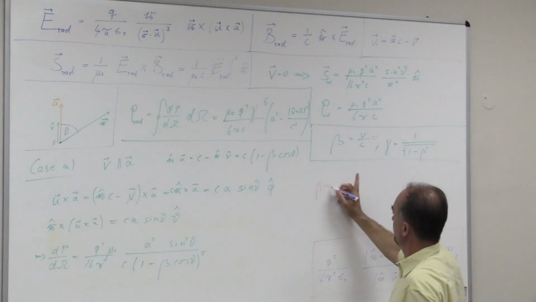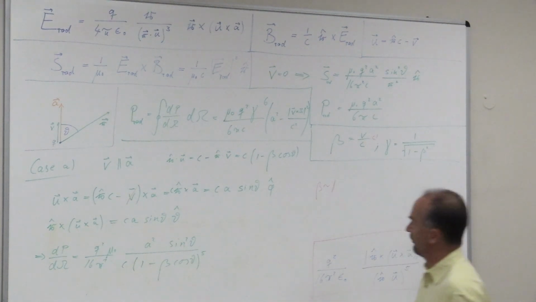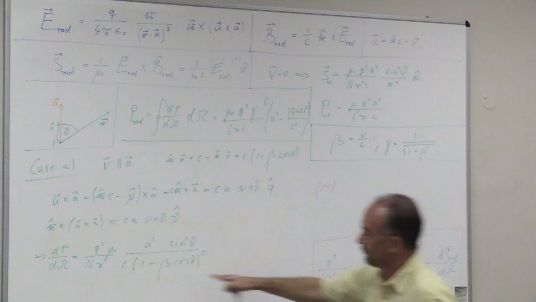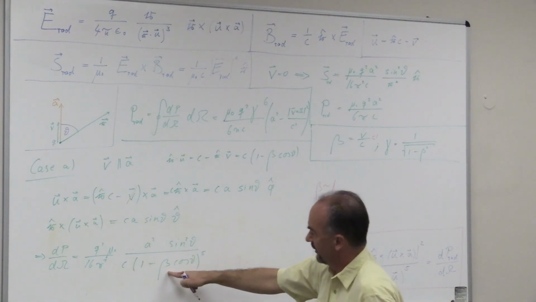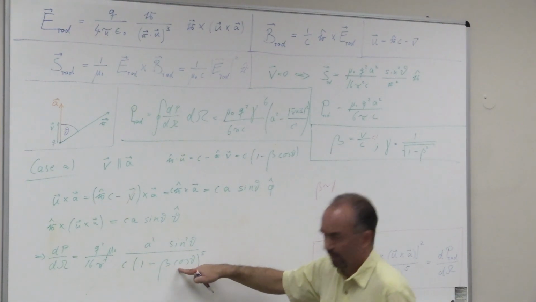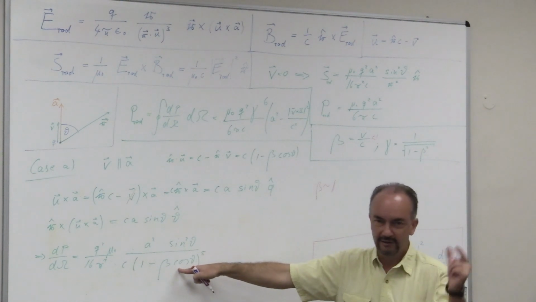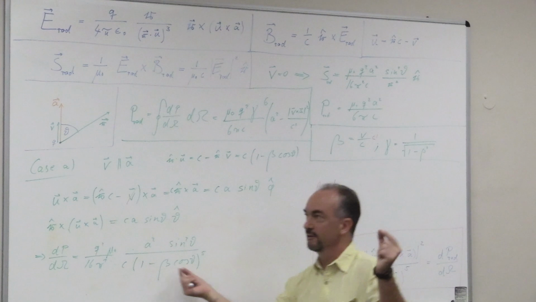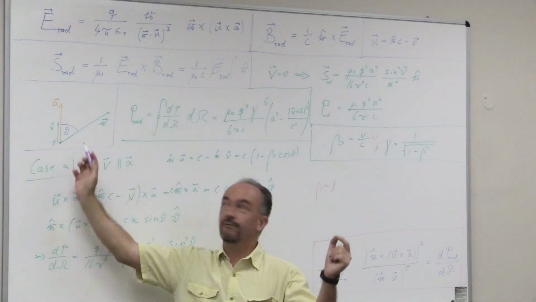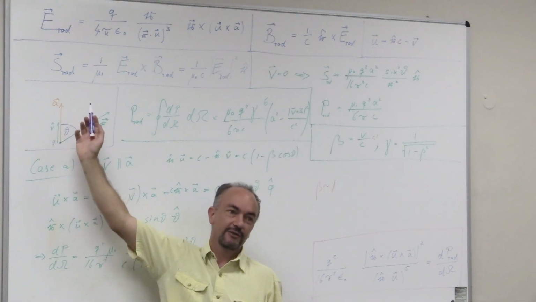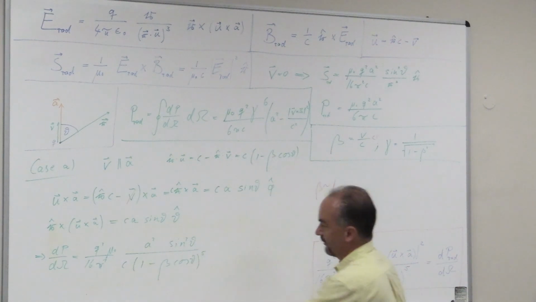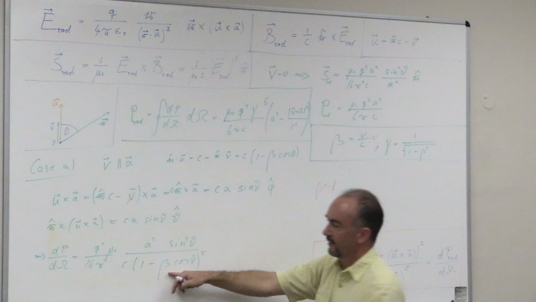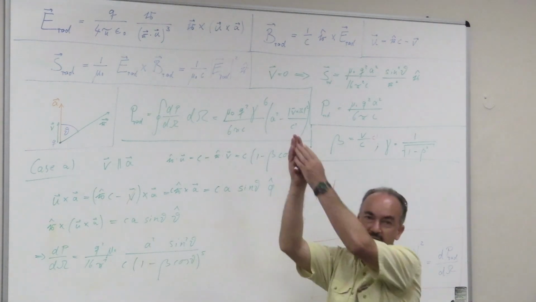But let's say we're relativistic, moving with almost the speed of light, so beta is almost 1, just a little bit smaller than 1. Then you have 1 minus beta cosine theta, right? If cosine theta also gets close to 1, so cosine theta is 1 for 0 degrees, the forward direction, then we have 1 minus something that's almost 1. And 1 over that becomes very large, right?